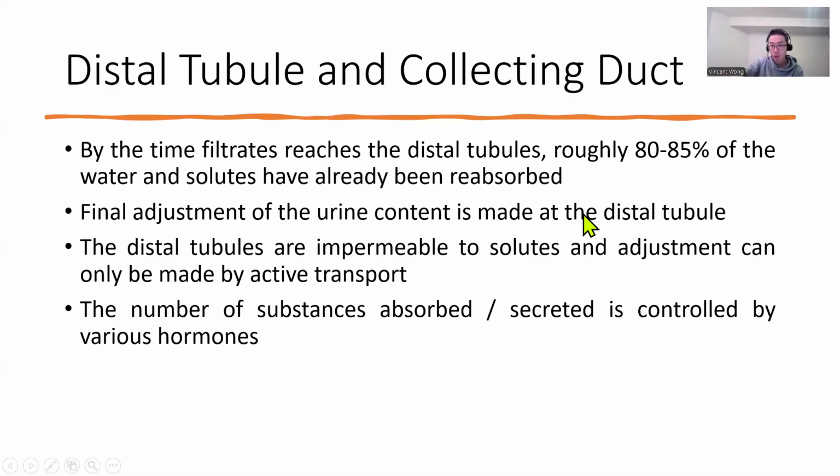The longer the loop, the more water and more salt you can take back. Okay, not all nephrons are necessarily the same. Some nephrons have longer loops compared to others. Great question. NaCl is actually reabsorbed by active transport. Yeah, so it requires ATP.